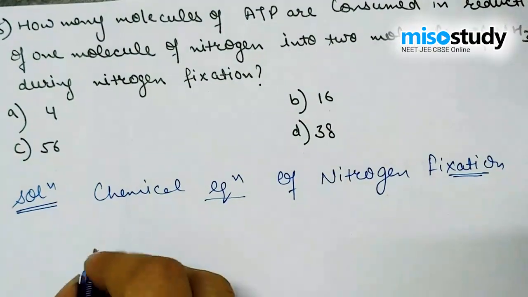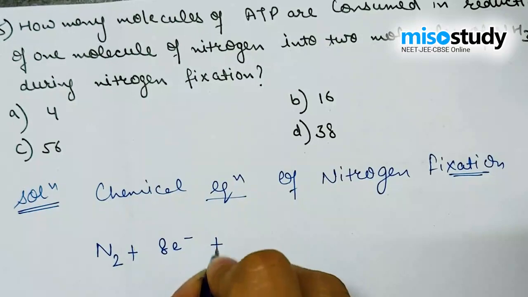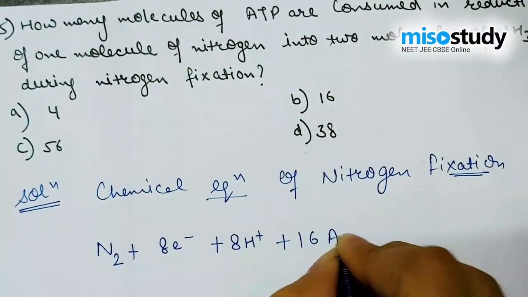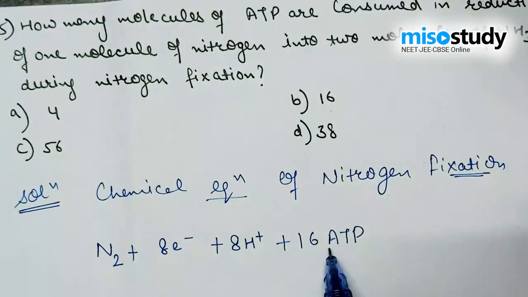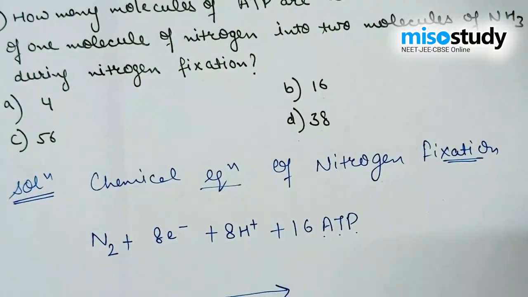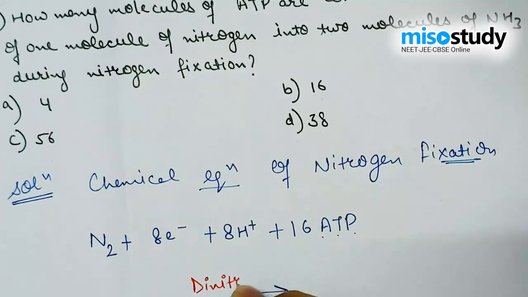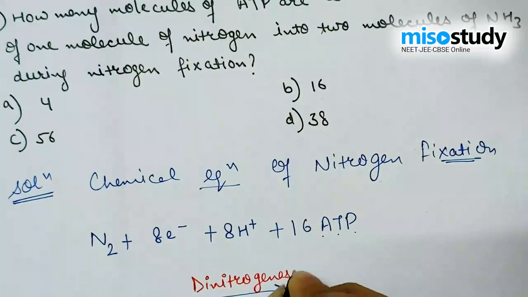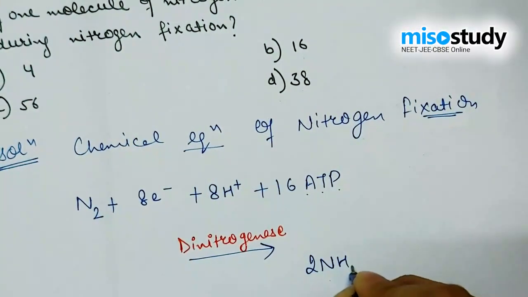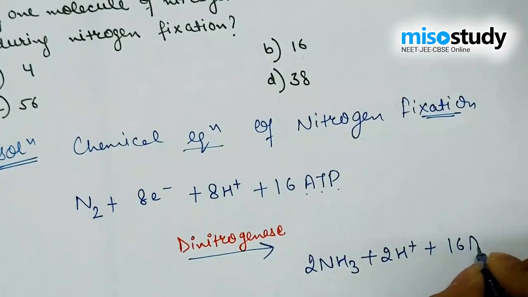That can be summarized as N2 plus 8 electrons plus 8 hydrogen ions plus 16 ATP. ATP is adenosine triphosphate. In the presence of the enzyme dinitrogenase, it gives rise to 2NH3 plus 2H plus 16 ADP.